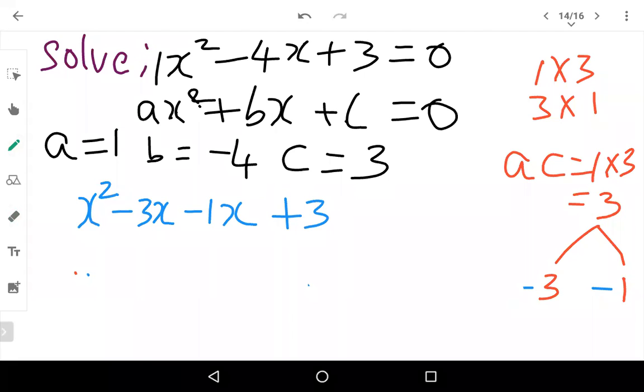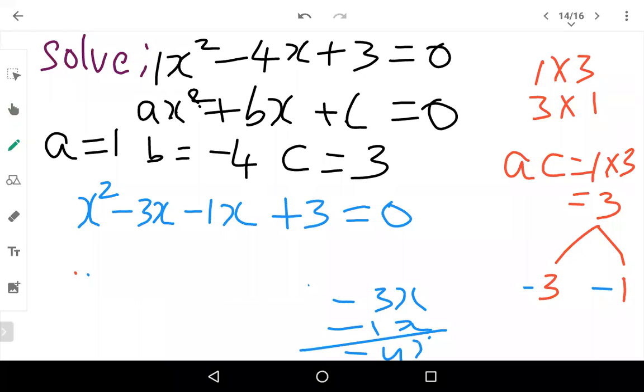Understood? Did you all understand this part? Because this is very important and the major step in the solution. Now, minus 3x minus 1x, I will still get back to minus 4x. I'm doing it in a reverse order, ulta, that's all.